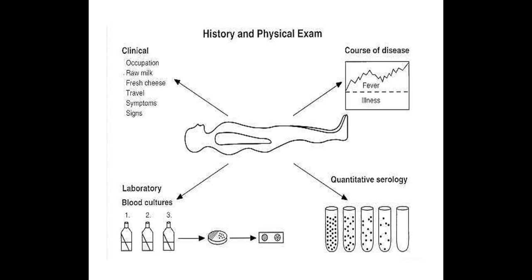So in a nutshell, how do we diagnose? First of all, the history is extremely important for the clinical diagnosis of brucellosis, wherein you have to concentrate on the occupation that the patient is doing, whether there is contact with or consumption of raw milk, uncooked or improperly cooked meat, unpasteurized milk, fresh cheese, whether there is a travel history, then look for signs and symptoms.